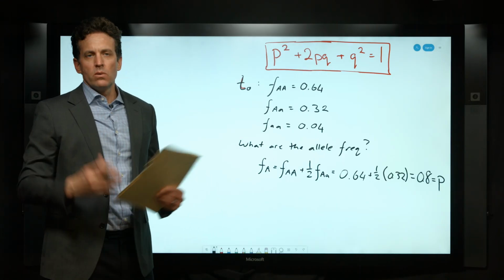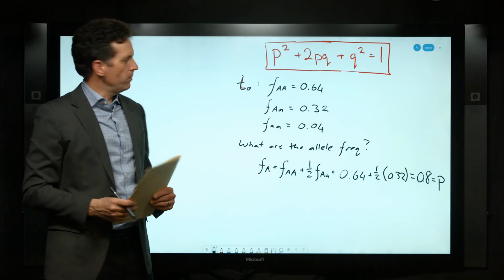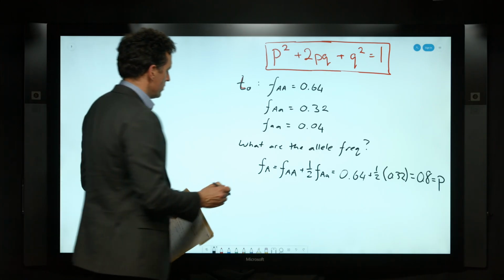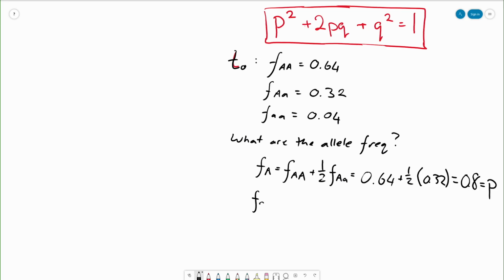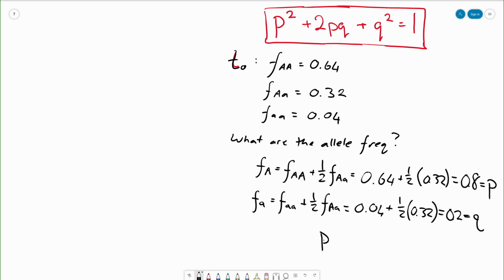Now, of course, we know what q must be, but let's go through the process to make sure that our mathematics is right here. So the frequency of the little a allele is equal to the frequency of the little a homozygote plus half the heterozygote frequency. That is 0.04 plus half of 0.32. And of course, that is equal to 0.2, which is our q. And so p plus q equals 1, and everything is good.